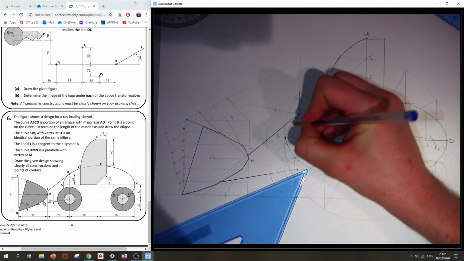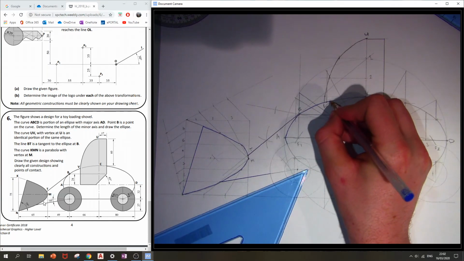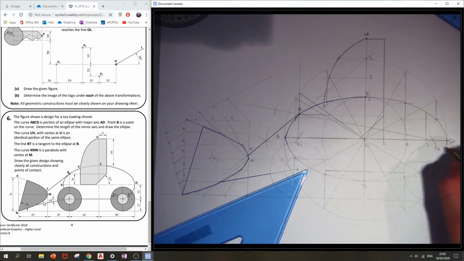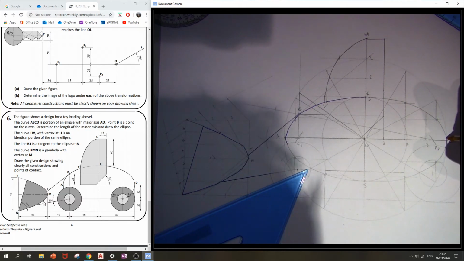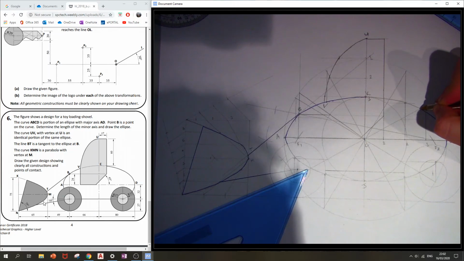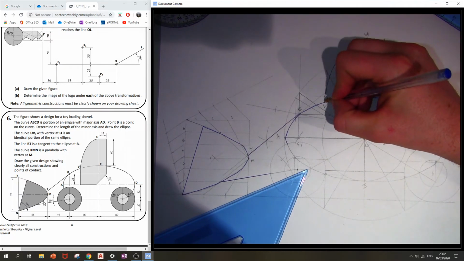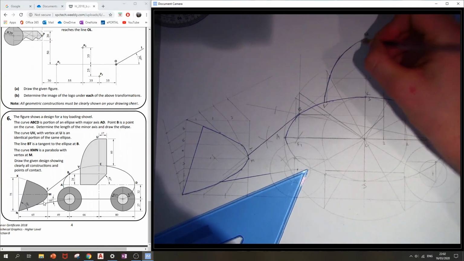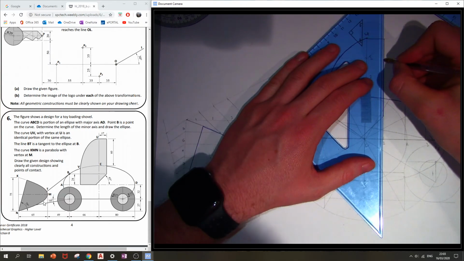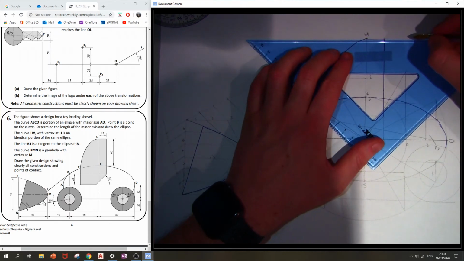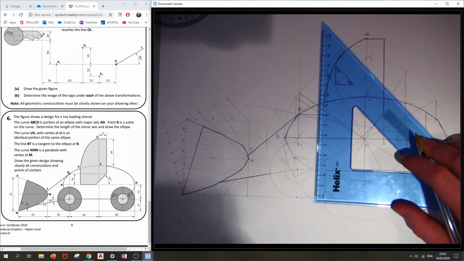Okay, so it's going to come like this curve here.